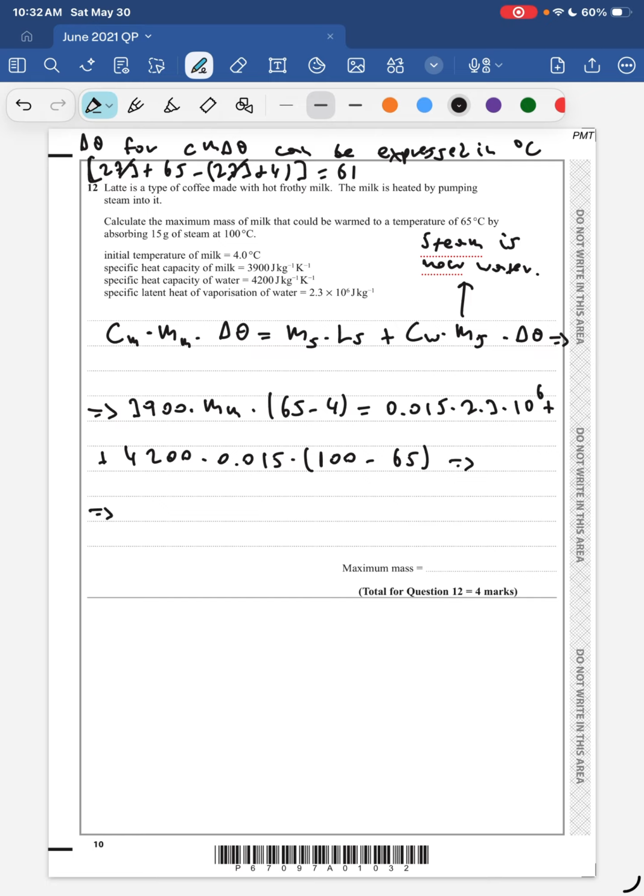So we have 237,900 times m milk is equal to 36,705. Okay, so m of milk is 154 kilograms, which is also equal to 154 grams.